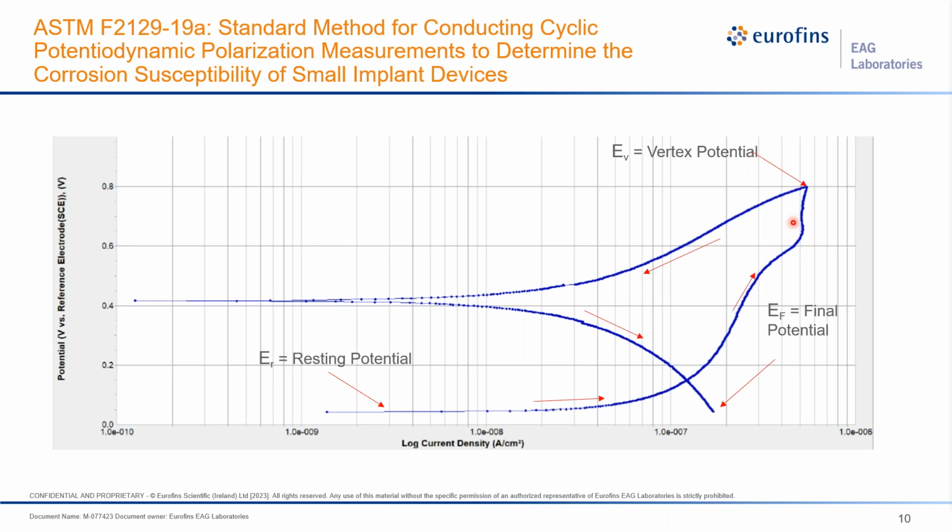The vertex is the preset maximum voltage of 0.8 volts, where the scan is stopped and reversed to the final potential. For this scan, the final potential is set to the resting potential, which is 0.043 volts. So let's look at a different scenario of a cyclical polarization scan.